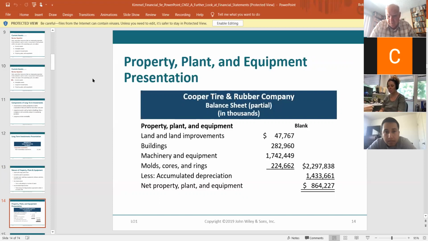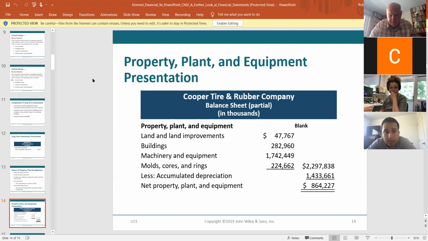That total you see there, 2,297,838. That is exactly what they paid for those assets. It's exactly what they paid. If the value of those assets go way up, you cannot record an entry to recognize a gain on an increase in an asset.